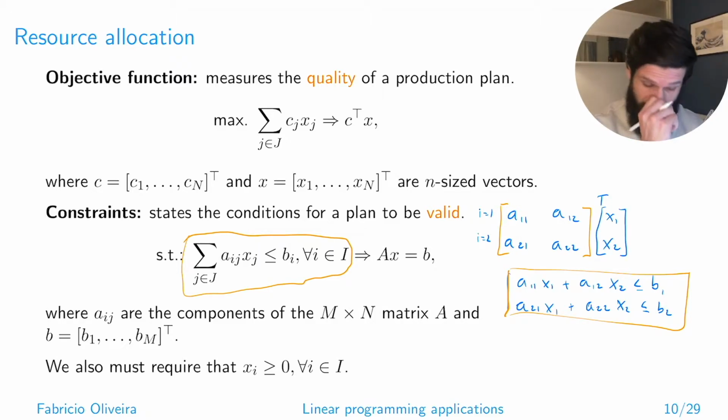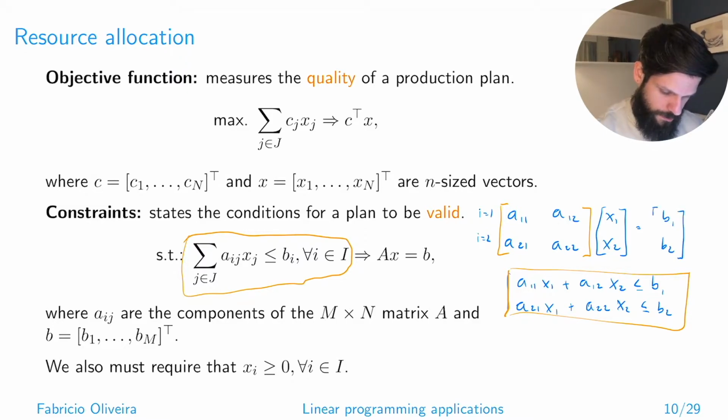Well, in this case, it's matrix multiplication, right? And that equals b1 and b2, like so. And so that would be Ax equals b, just like that.